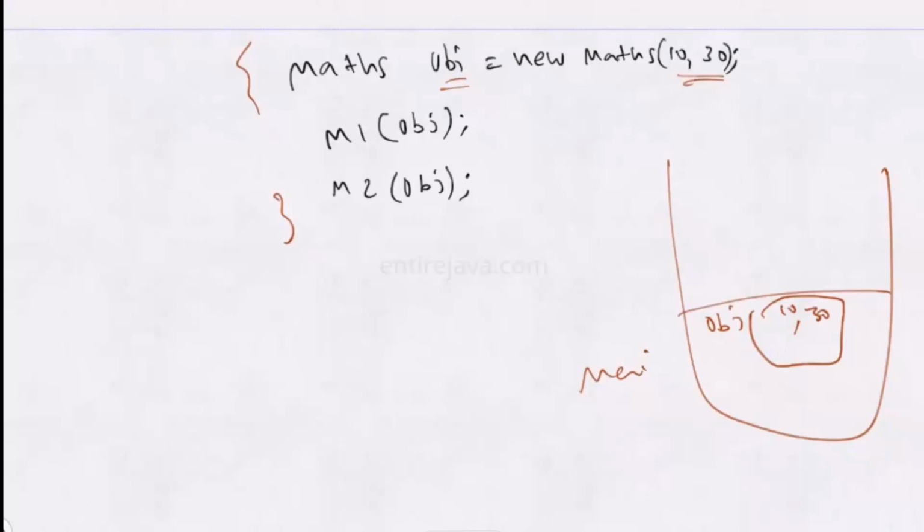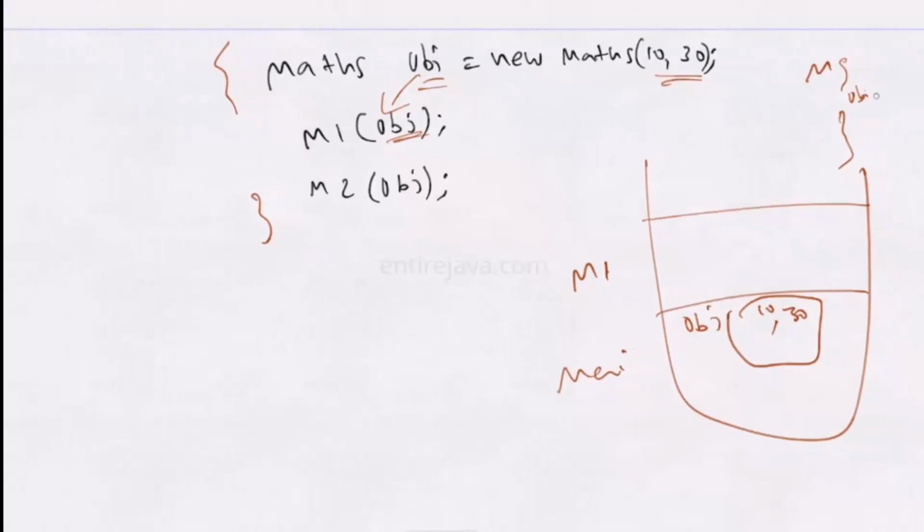Now we're sending this object to this method M1. There will be a new section created for method M1, and its local variable would be the object that we sent. And let's say inside this M1 method, I updated the state of this object. Let's say object.x, I changed this value 10 to 20. So now inside we'll have an object with the value 20 for x.